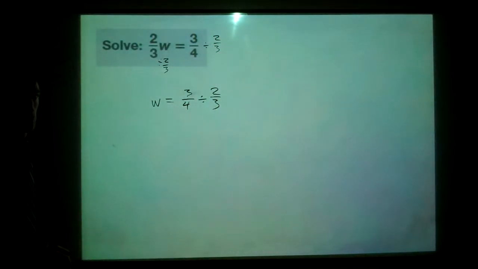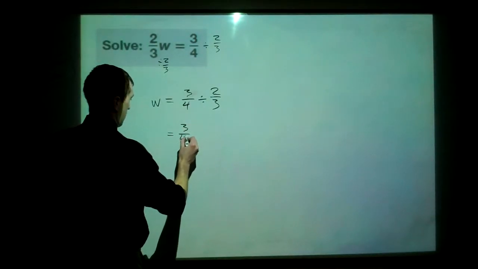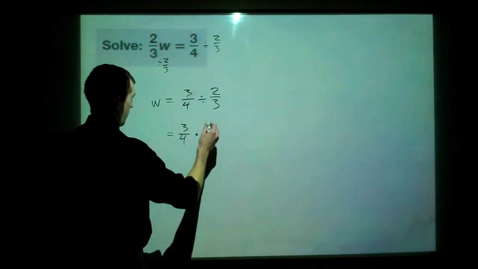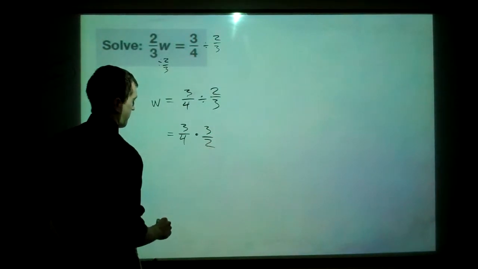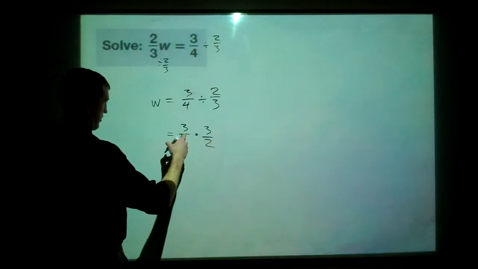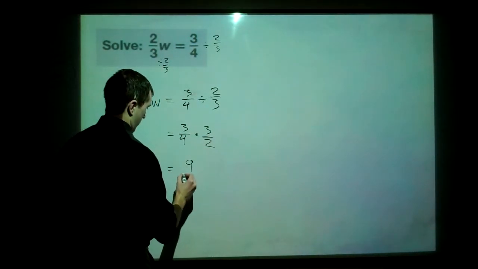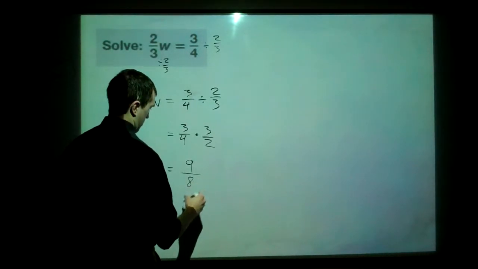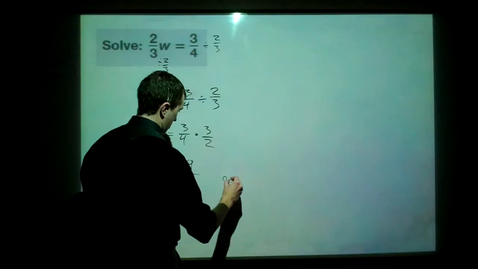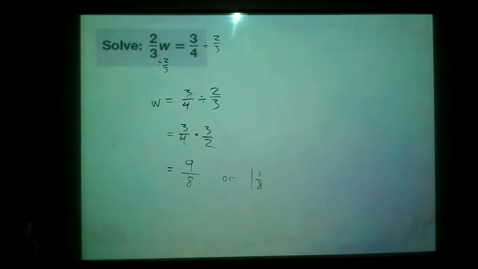But our fraction rules say that we're going to turn this into multiplication after we flip this one around. Right? So this is actually 3 times 3, which is 9, all over 4 times 2, which is 8. So we need to say 9/8 or 1 and 1/8. And that would be our answer, 9/8 or 1 1/8.